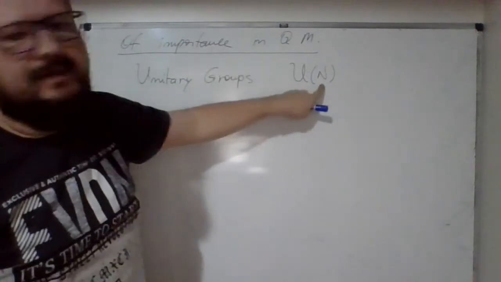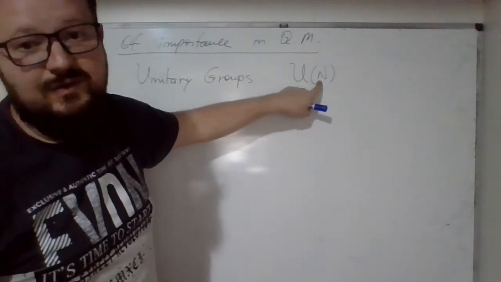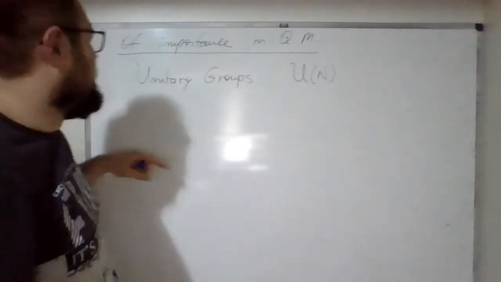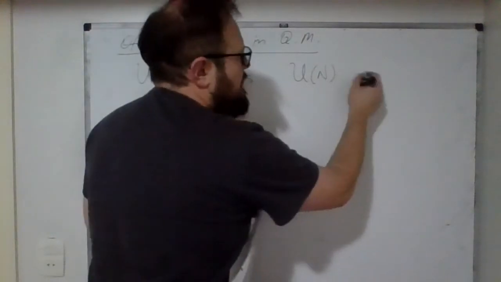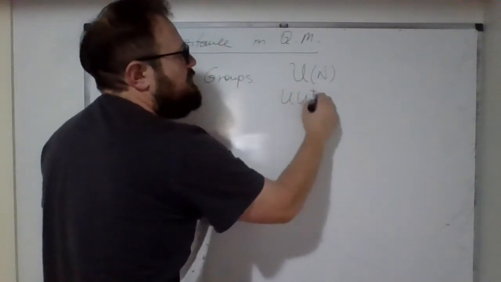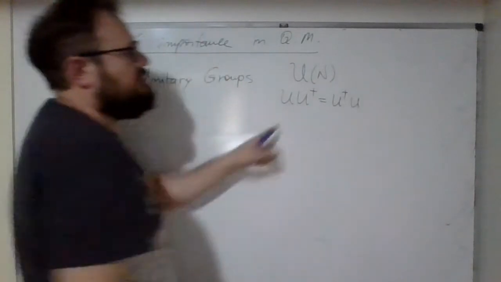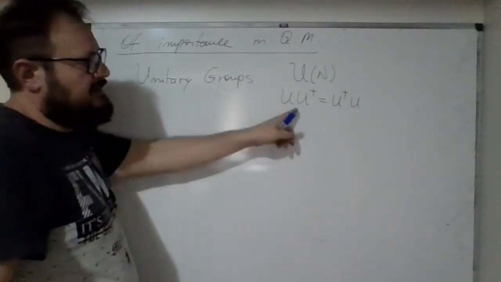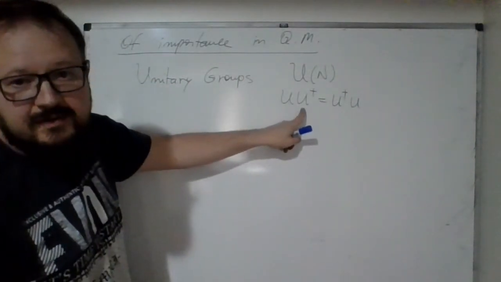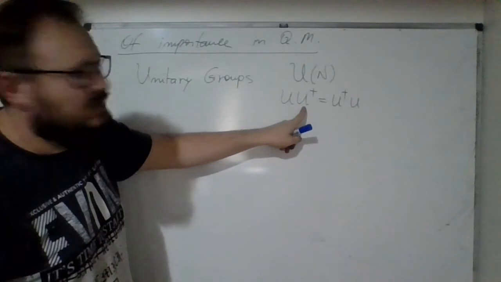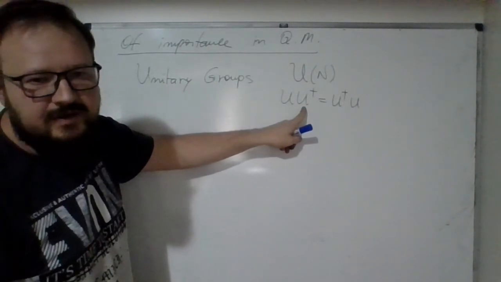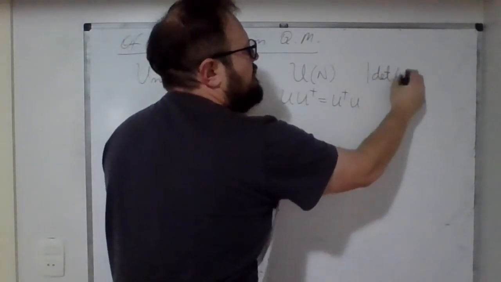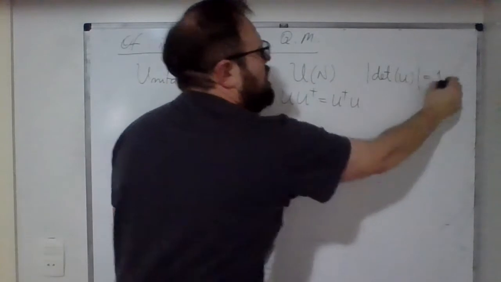So the U(n) are groups of matrices of dimension n, and they satisfy a property: u dagger is equal to u inverse. So the inverse is the transpose conjugated, or the complex Hermitian conjugate. But here, in general, you have the modulus of the determinant of the matrices equal to 1.